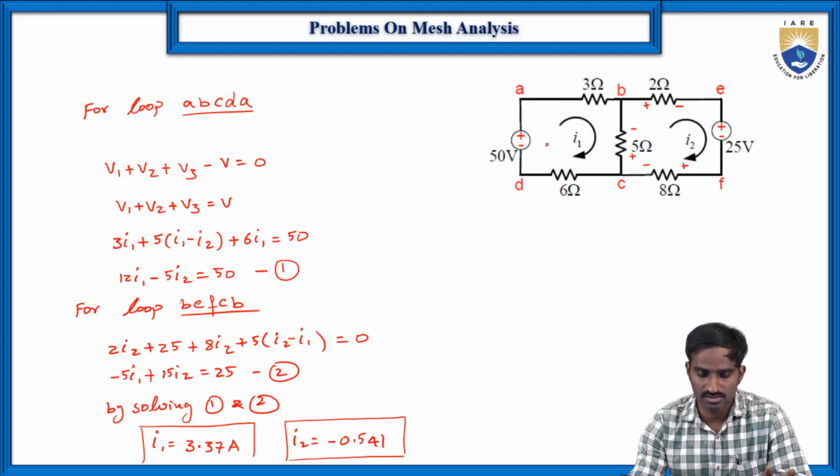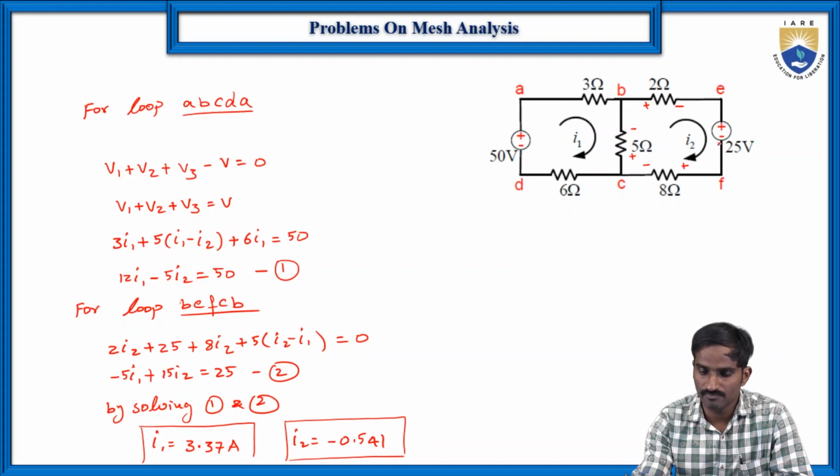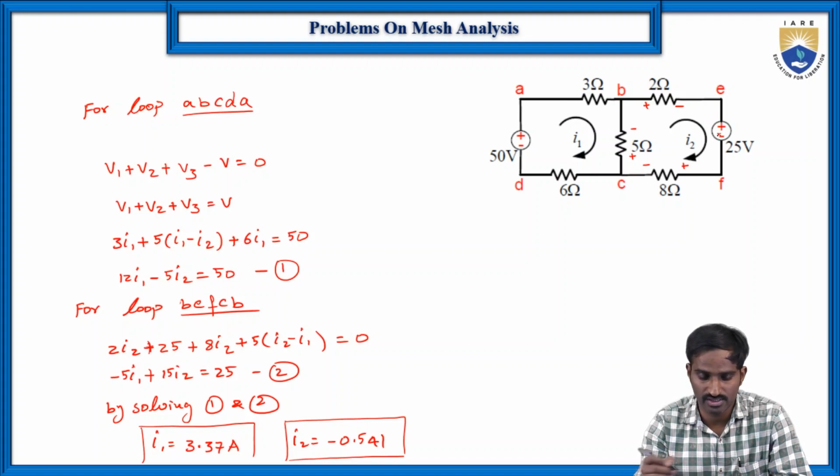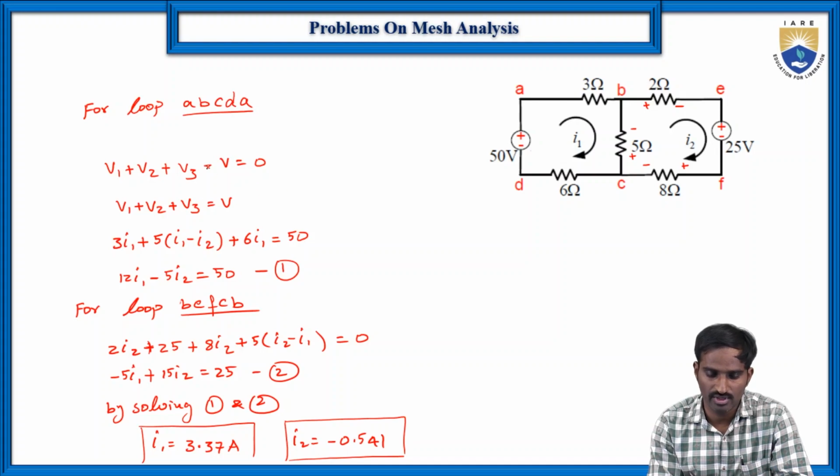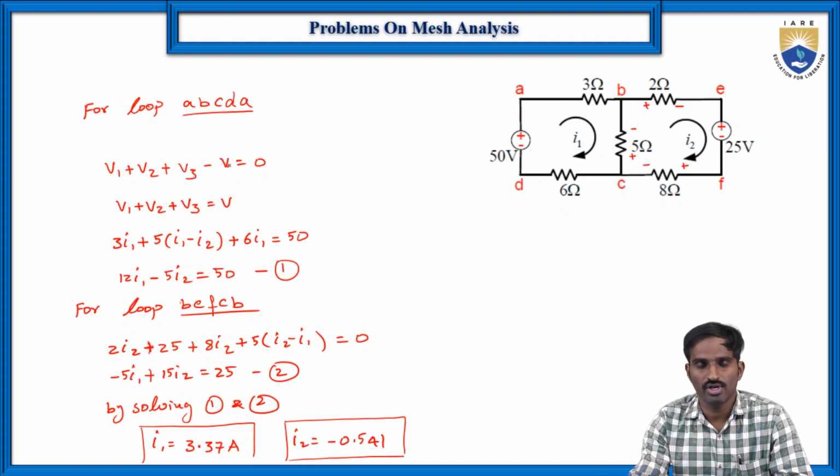As you can see in this case, the 25 is plus 25 because the current direction is plus to minus, but in the previous case in loop 1, it is flowing from minus to plus, so I kept minus V. The polarities are very important, because if you get confused about the plus and minus, you will get wrong answers for I1 and I2.